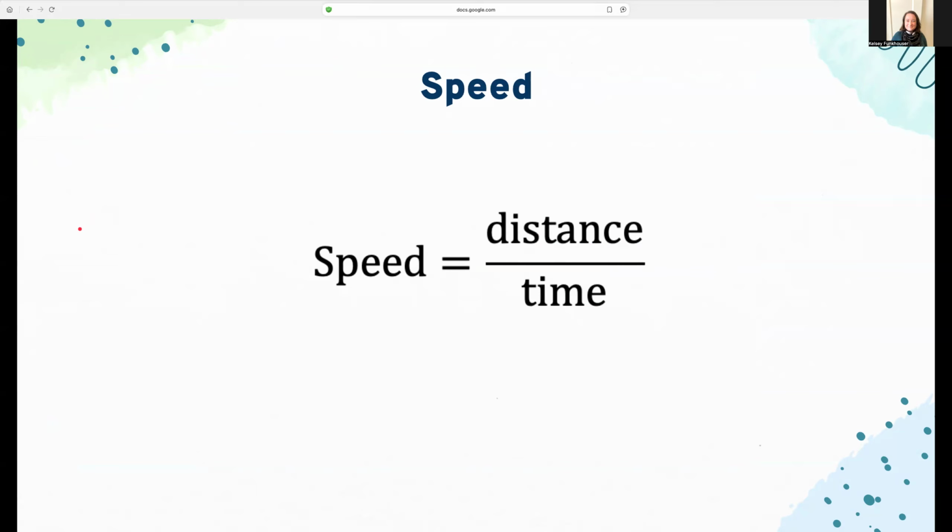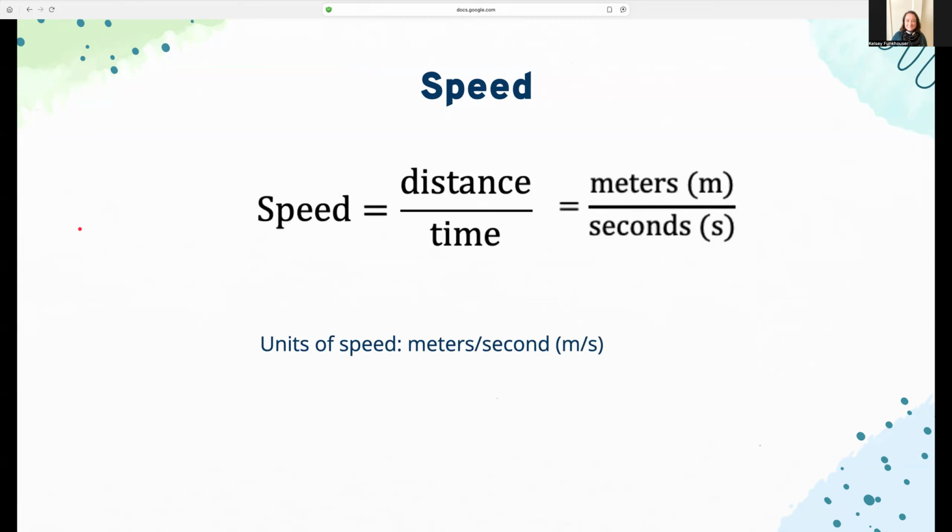So our variables are speed, distance, and time. This relationship is telling us that the more distance you travel in less time, the faster you're going. Or let's say the distance doesn't change, but you take more time to travel the distance, that means your speed is less.